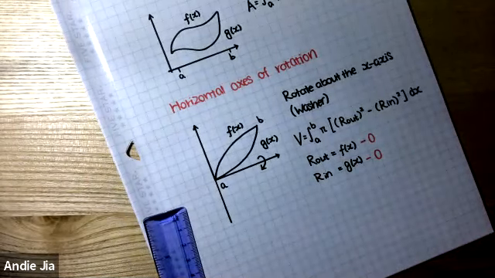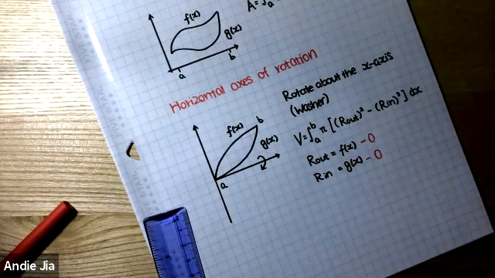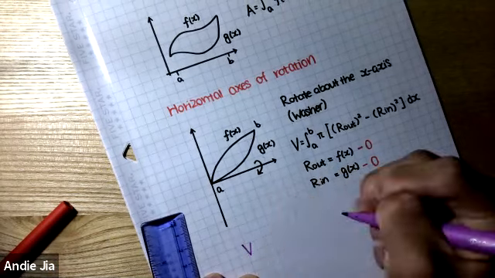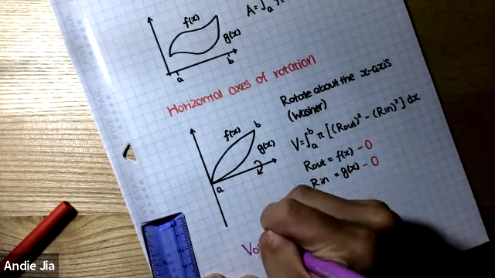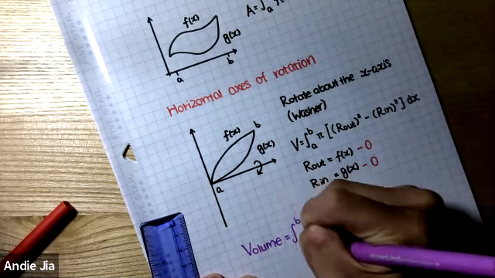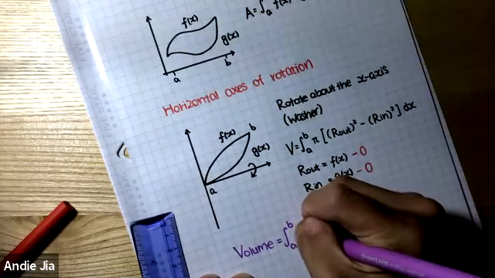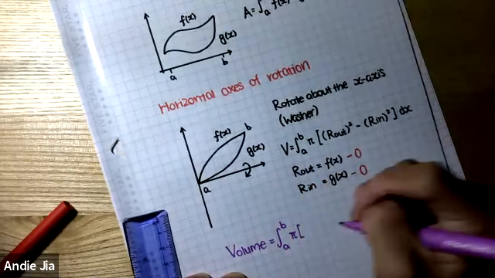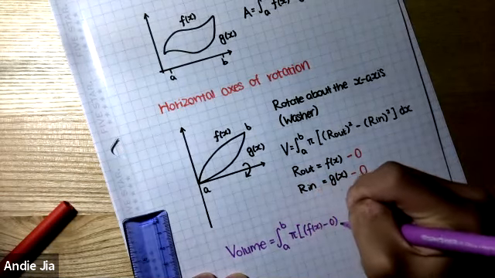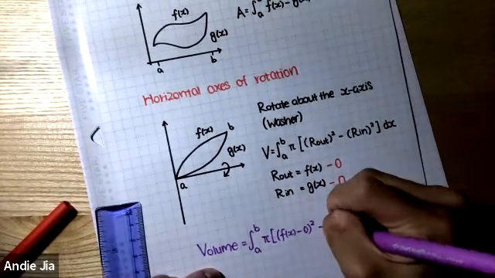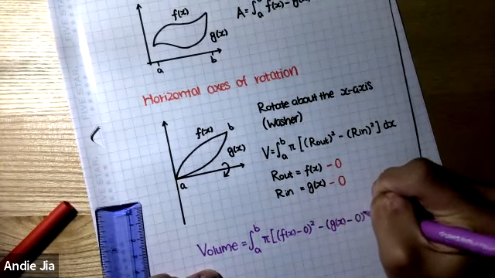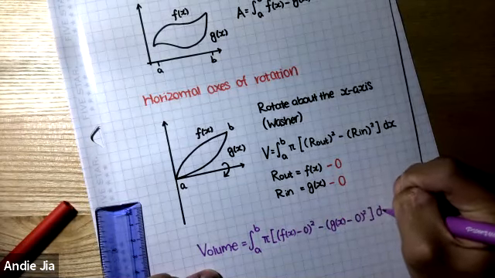So the volume is equal to the integral from A to B of pi times (f of x minus 0) squared minus (g of x minus 0) squared dx.